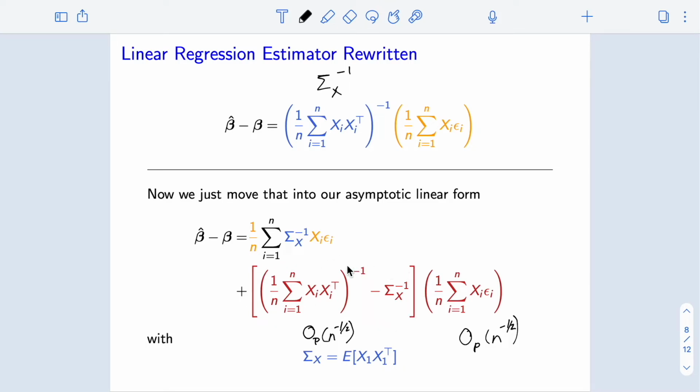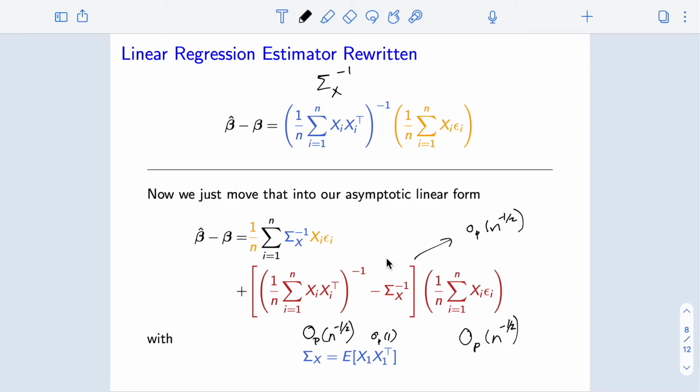We actually don't even really need that this is O_P of n to the negative 1/2. We really only need that this is little o_P(1), that it converges to 0 in probability. So now when we multiply this piece by this piece, something that converges to 0 at a rate of n to the negative 1/2, times something that at least converges to 0 in probability, we're going to get that this whole product is now little o_P of n to the negative 1/2.